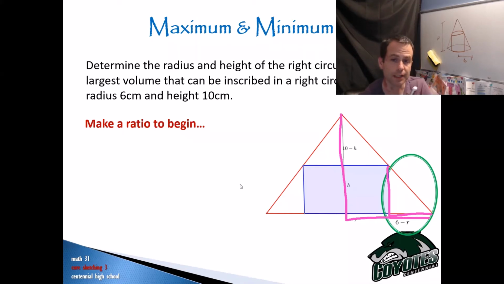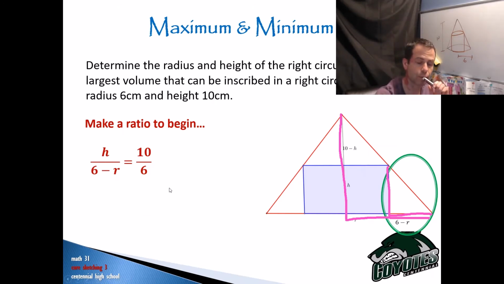So I did my little height over my little base equals my big height over my big base. Now, I can cross multiply that and get h all by itself. So a way to represent h would be, I just took my 10 over 6 and reduced it to 5 over 3 and multiplied it by 6 minus r, so I could get h by itself. So h can be represented as 5 times 6 minus r over 3.